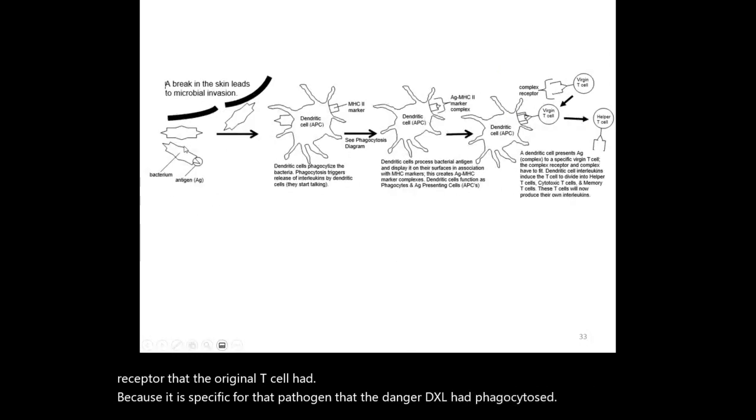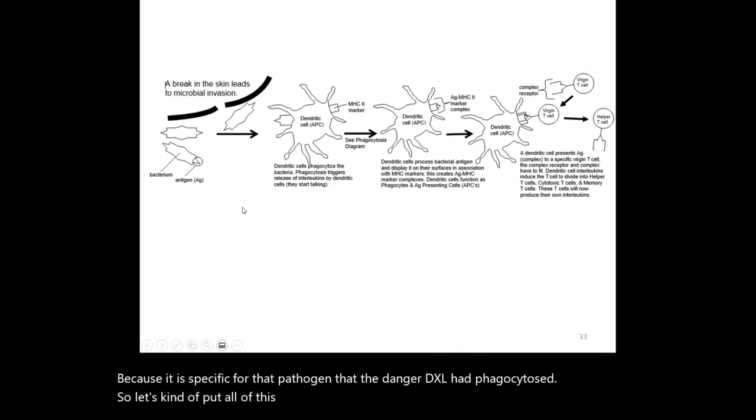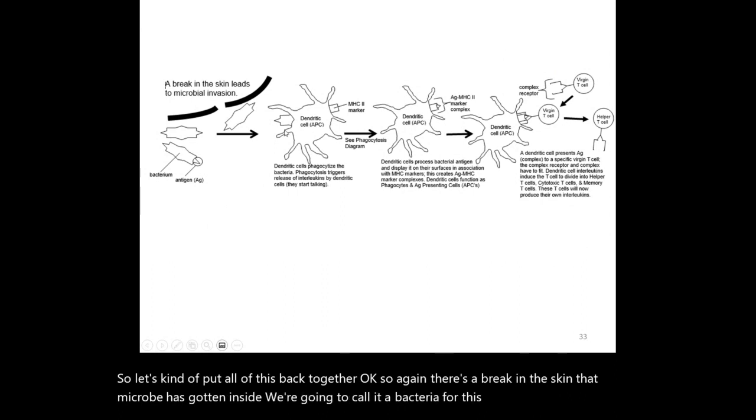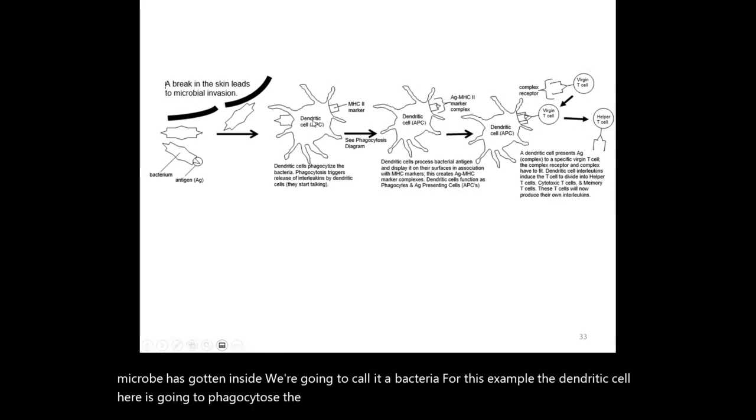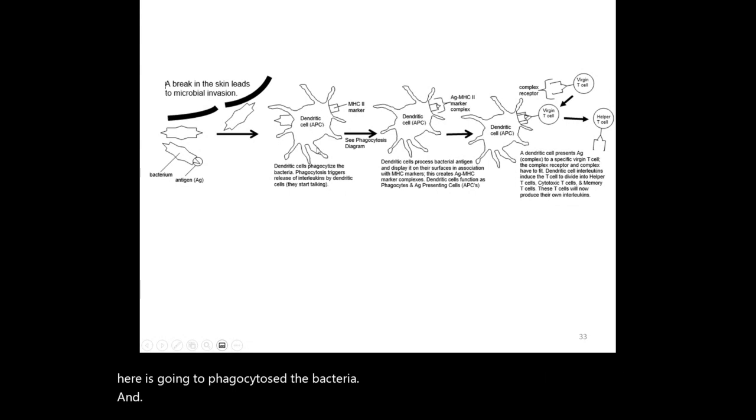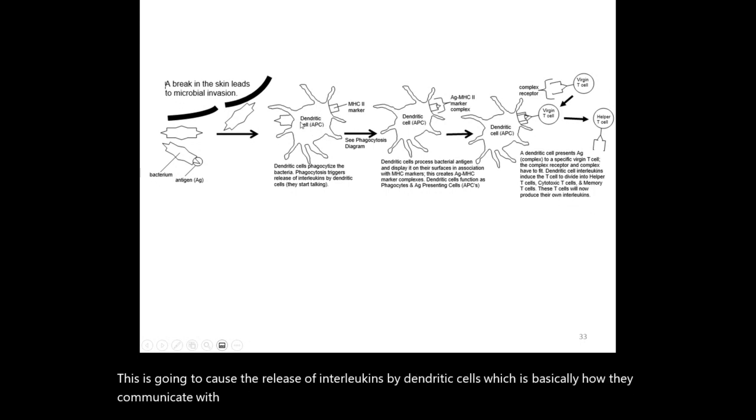Okay, so let's kind of put all of this back together, okay? So again, there's a break in the skin, the microbe has gotten inside, we're going to call it a bacteria for this example. The dendritic cell here is going to phagocytose the bacteria, okay? And this is going to cause the release of interleukins by dendritic cells, which is basically how they communicate with one another.